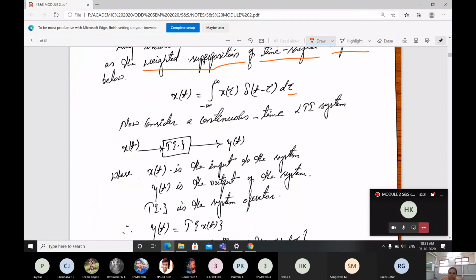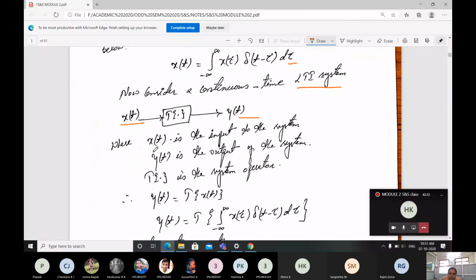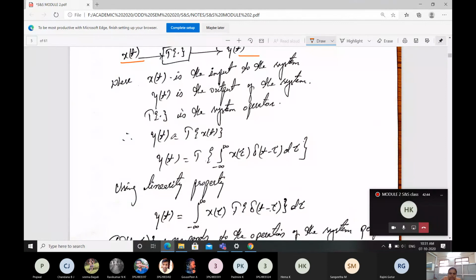Now consider a continuous time LTI system. x of t is the input to the system and y of t is the output, and T is the system operator. Then y of t is T of x of t, same as what we did previously.